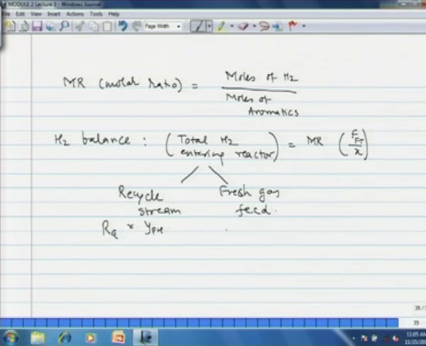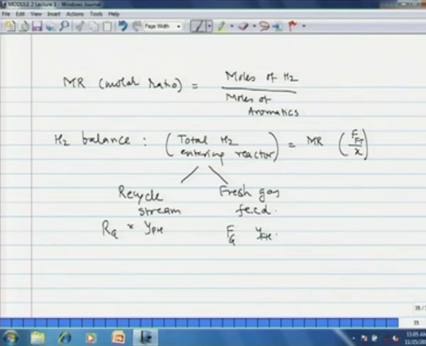Let us say the fresh gas feed rate is Fg, the total molar flow, and YFH be the mole fraction of hydrogen in the fresh gas. Now we have specified earlier that the fresh gas comprises 95% hydrogen and impurity of 5% methane.